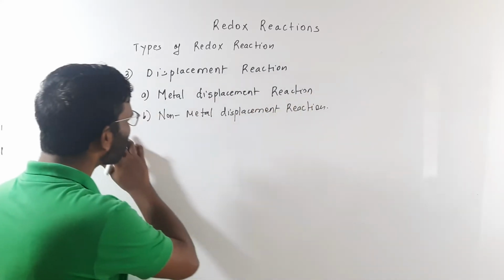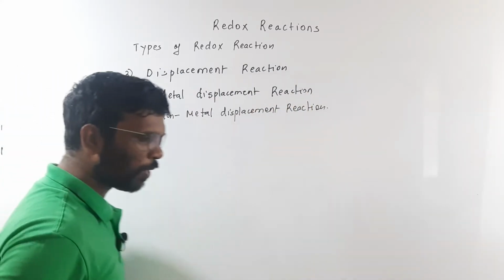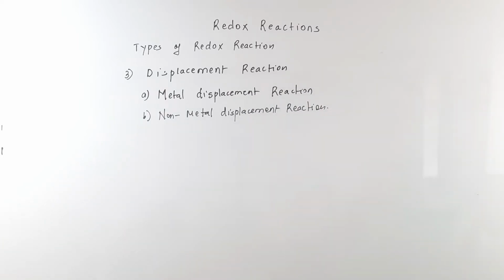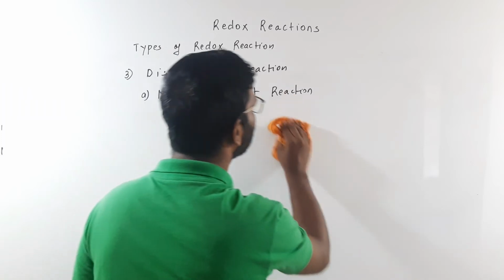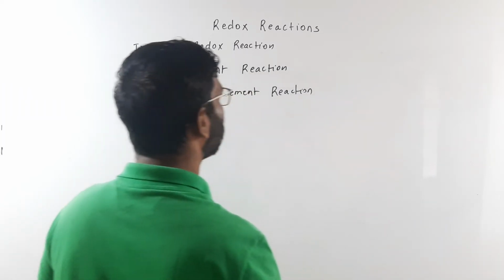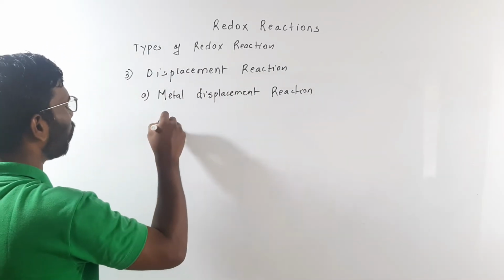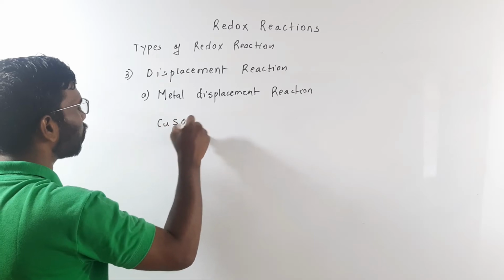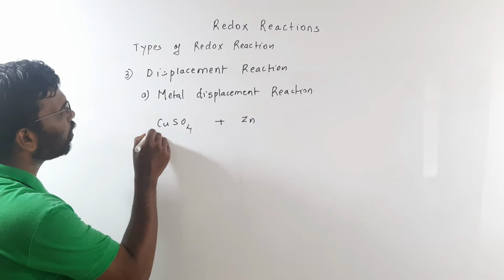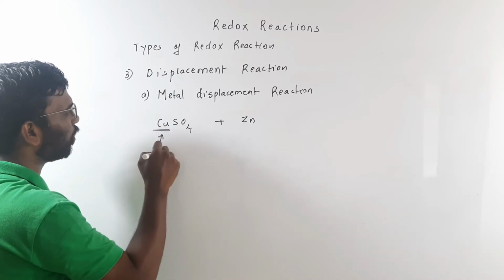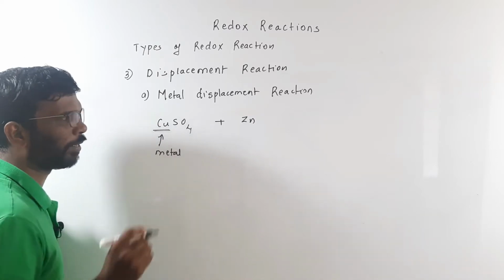So here, I will first explain what a metal displacement reaction is with some examples. Let's take copper sulfate. When reacted with zinc metal, which is a metal, we know that, right?